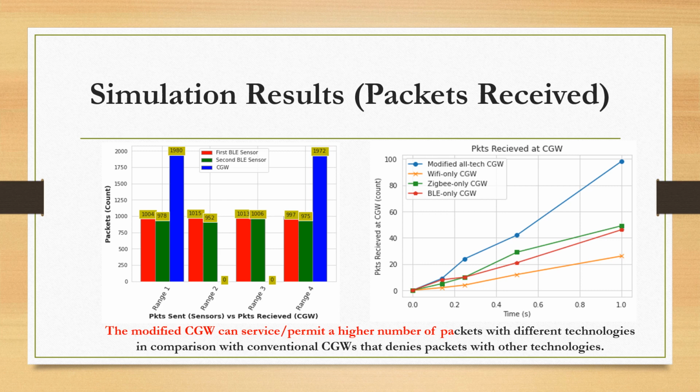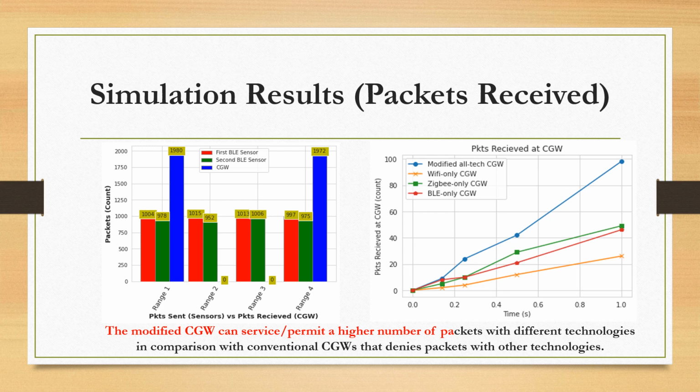However, for range 2 and 3, it did not receive, because gateway 2 and 3 understand only the Wi-Fi and the Zigbee technology, and range 4 supports only Bluetooth, so it will be receiving the sensor packets with Bluetooth technology.